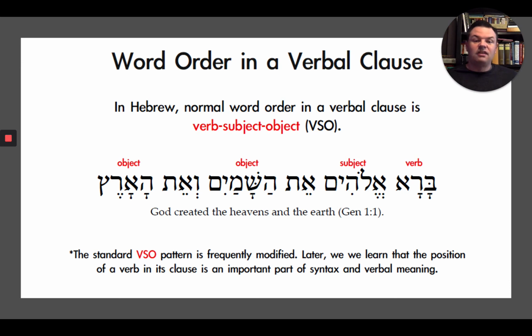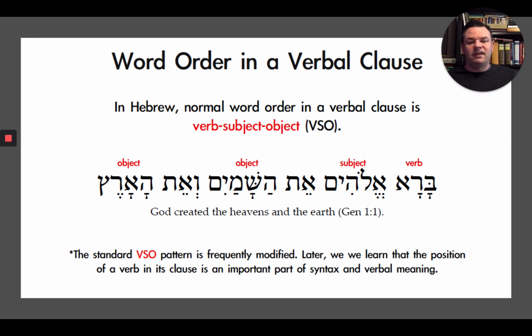Et, that's the object marker, the definite direct object marker, if you recall from previous lessons. Et hashamayim, the heavens, right? You see the definite article there with the patach vowel with the dagesh in the first position of the word. So hashamayim, the heavens. Wa'et, definite direct object marker with a vav conjunction on the front of it. Haaretz.